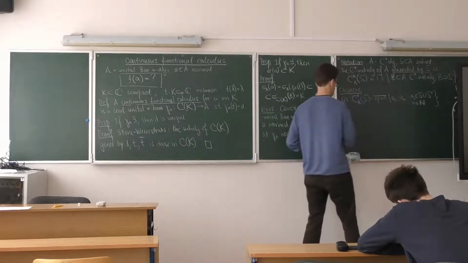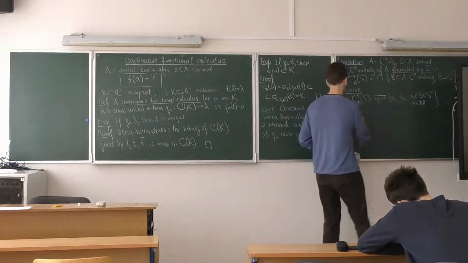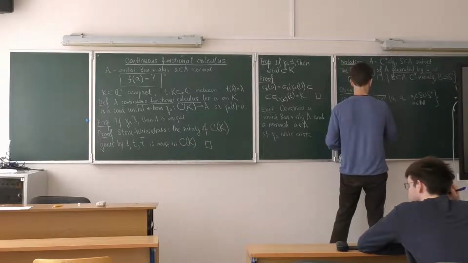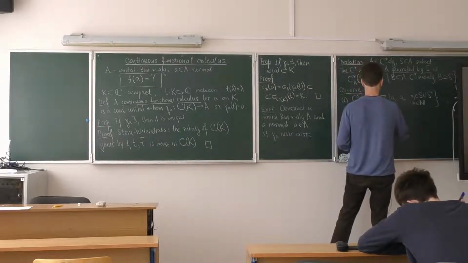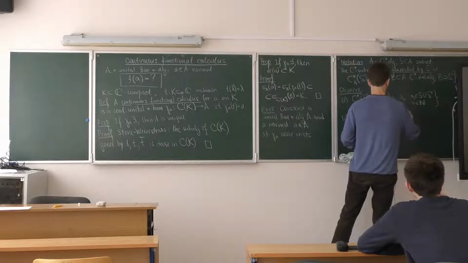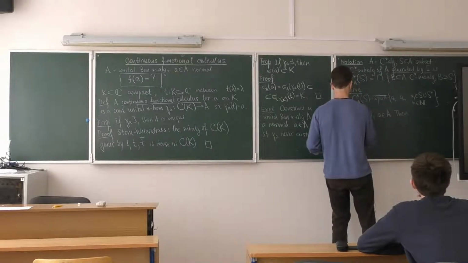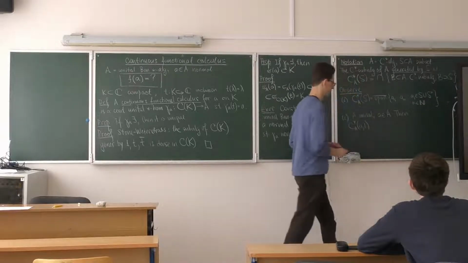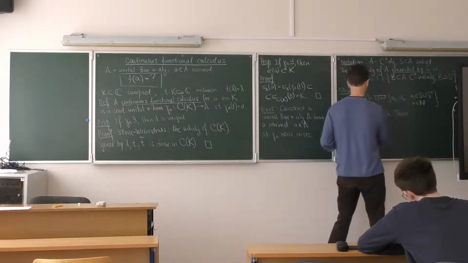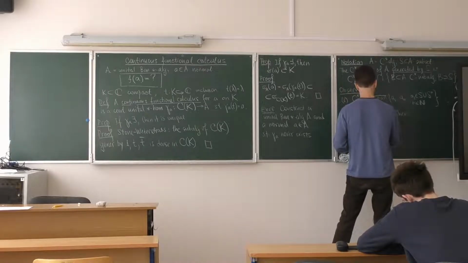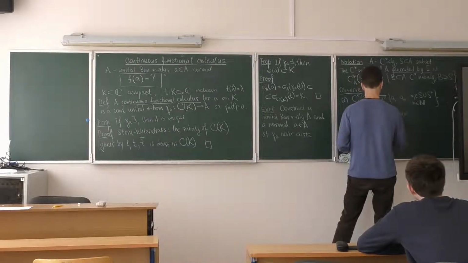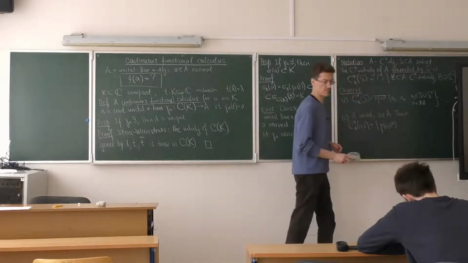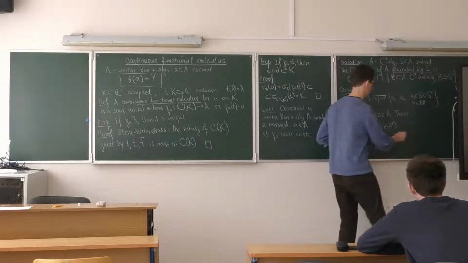Here's a useful special case. Suppose that A is unital and little a is a normal element of A. Then let's look at the C-star subalgebra of A generated by little a and the identity. And let's observe that this subalgebra is actually the closure of all polynomials in two variables applied to a and a star.